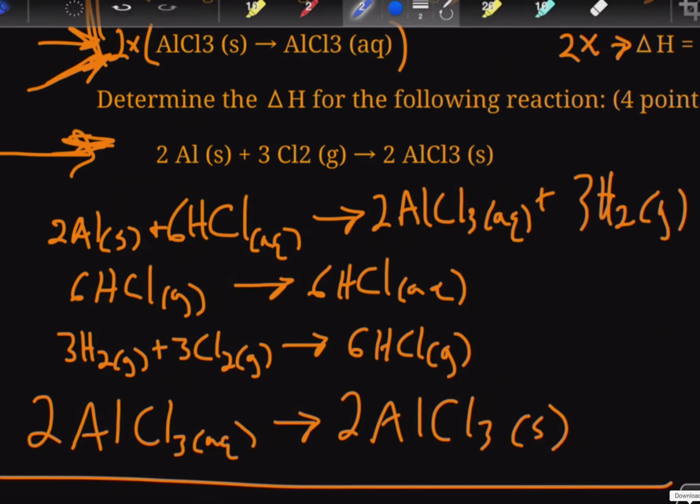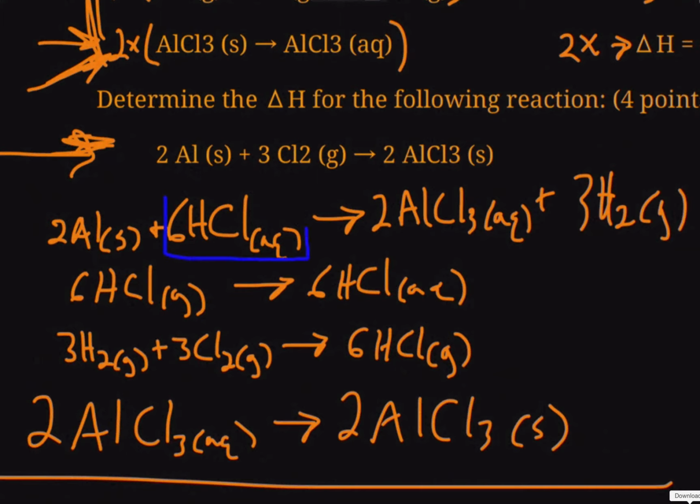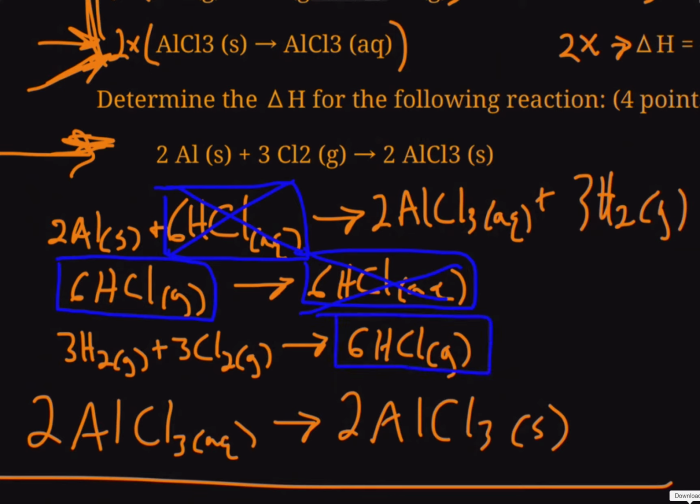Okay, so in the first equation, I have 6 hydrochloric acids. In the second equation, I have 6 hydrochloric acids on the other side. So those are going to cancel each other out. In the second equation, I have 6 hydrogen chloride gas. In the third equation, I have the same thing on the other side.